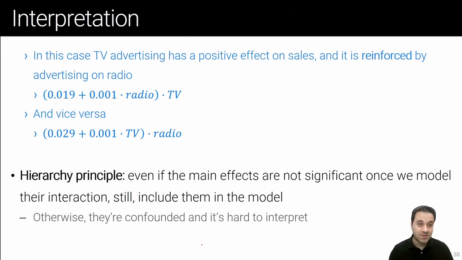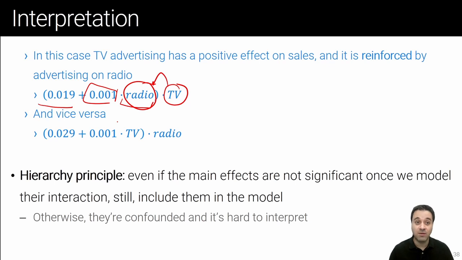In this case, the TV advertising has a positive effect on the sales, and it's kind of reinforced by the amount of advertising on the radio. So it's like the effect of the TV on the sales is not only this 0.019 we have here in beta 1, but also reinforced by this amount times what we advertise on the radio. That is the total effect of the TV in this case. So it's something that depends on the value of TV and also on the value of radio.